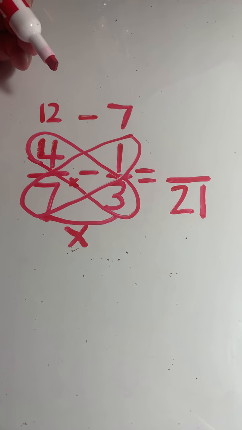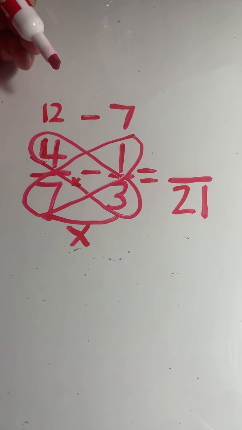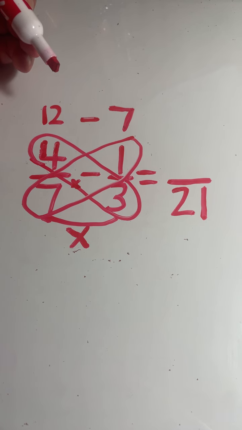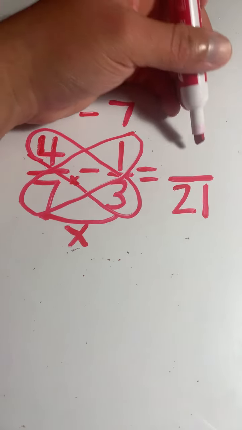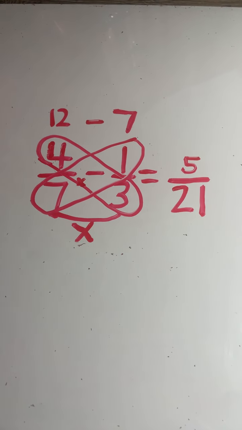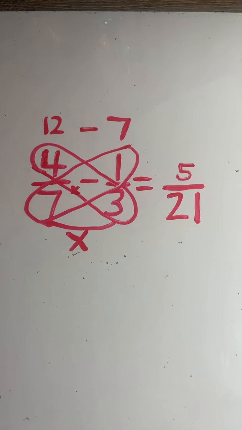Put that in the chat, and that'll be our numerator. Yes, excellent. 12 minus 7 equals 5. And we have our final answer. 4/7 minus 1/3 equals 5/21.